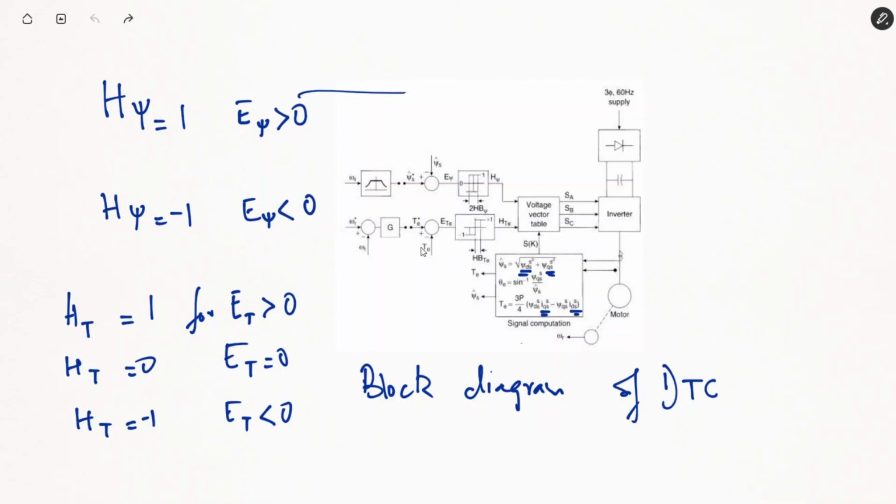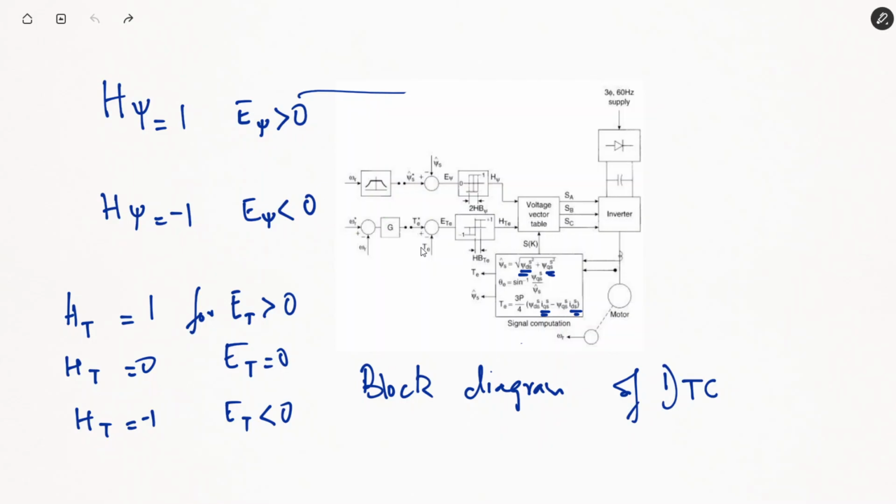So this is about the direct torque control of induction motor drives, compared with vector control as well as scalar control strategies. The advantage over scalar control strategy is that we have decoupled flux and torque control. Flux and torque control are not dependent on each other, and we can control both at the same time. Compared with vector control strategy, the advantage is that we do not need to go for ABC to DQ transformation for control of flux and torque.